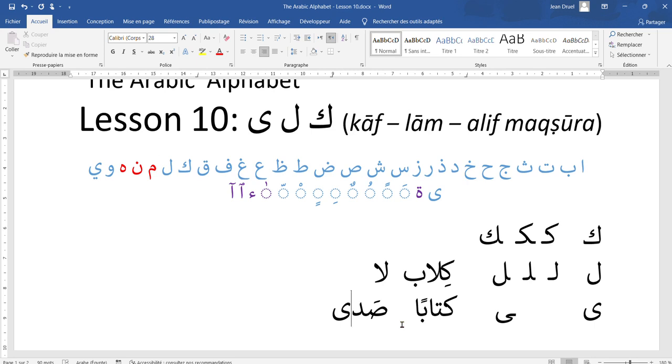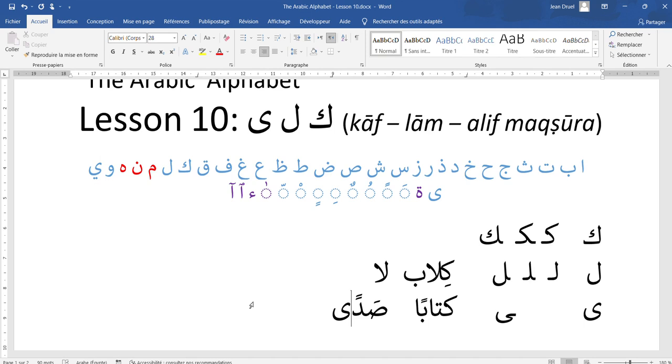But if you put two fathas, it becomes sadan. So here, just like it was the case with this one, because of the two fathas, the alif becomes short. So it goes sada, sadan.